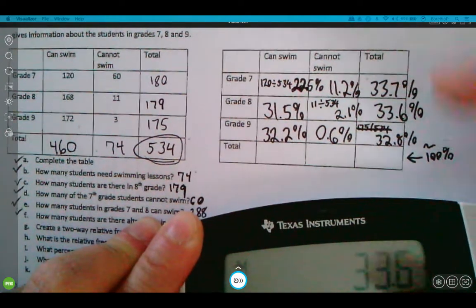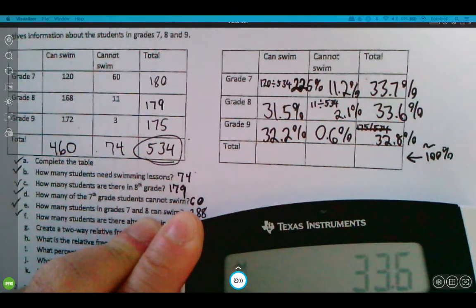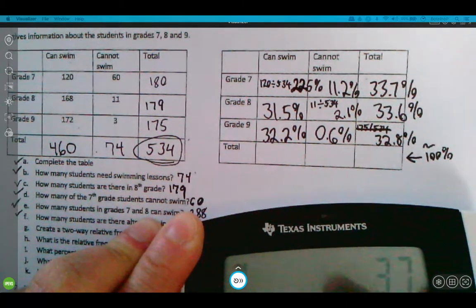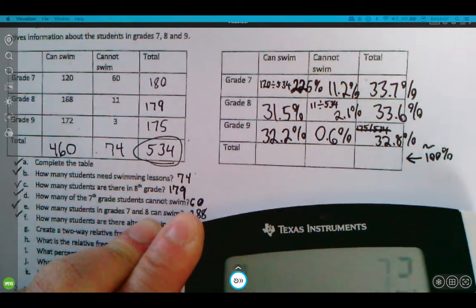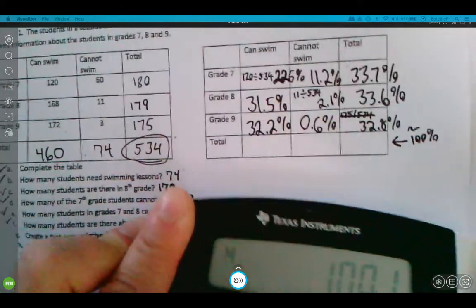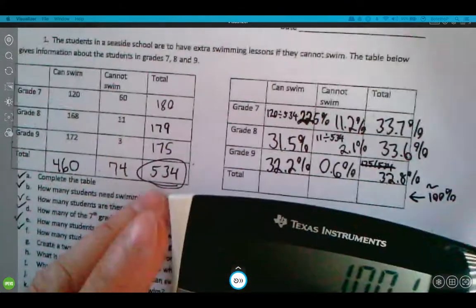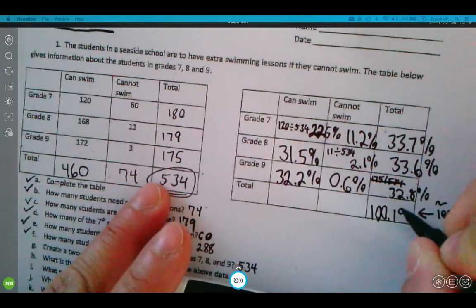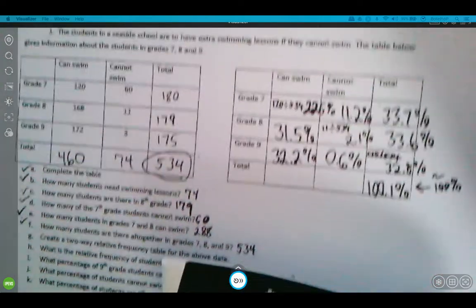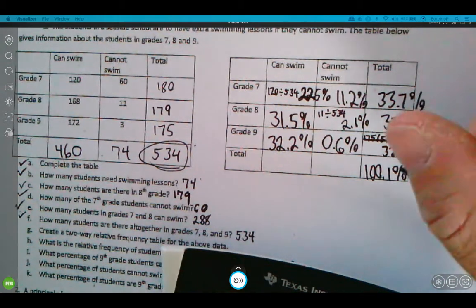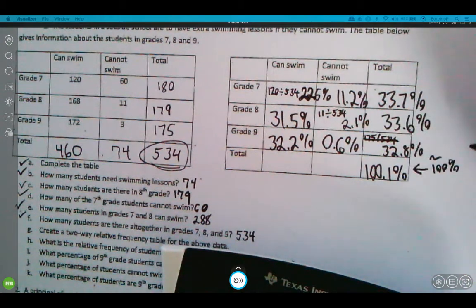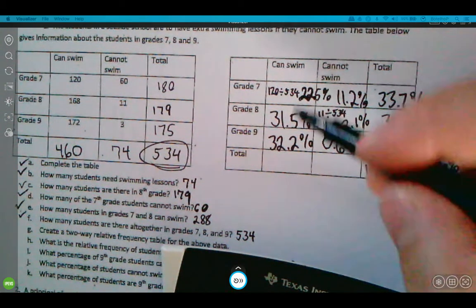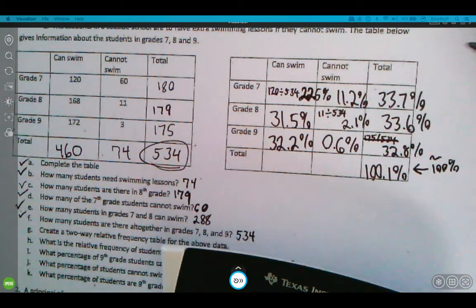Now if I add these columns up, 33.7 plus 32.8, look what I came out to, 100.1. 100.1%. The reason this was over by a tenth of a percent is because there's rounding going on. These aren't exact percents because you're rounding here.